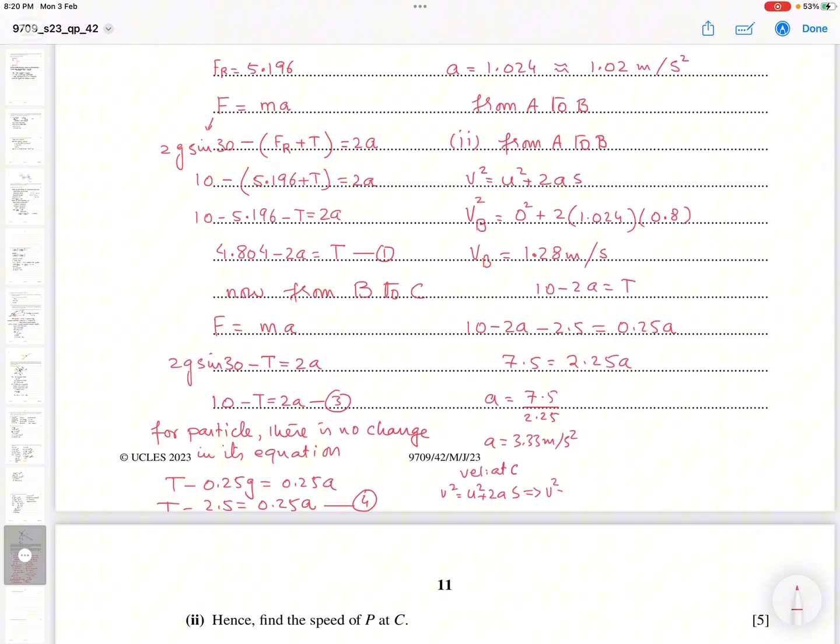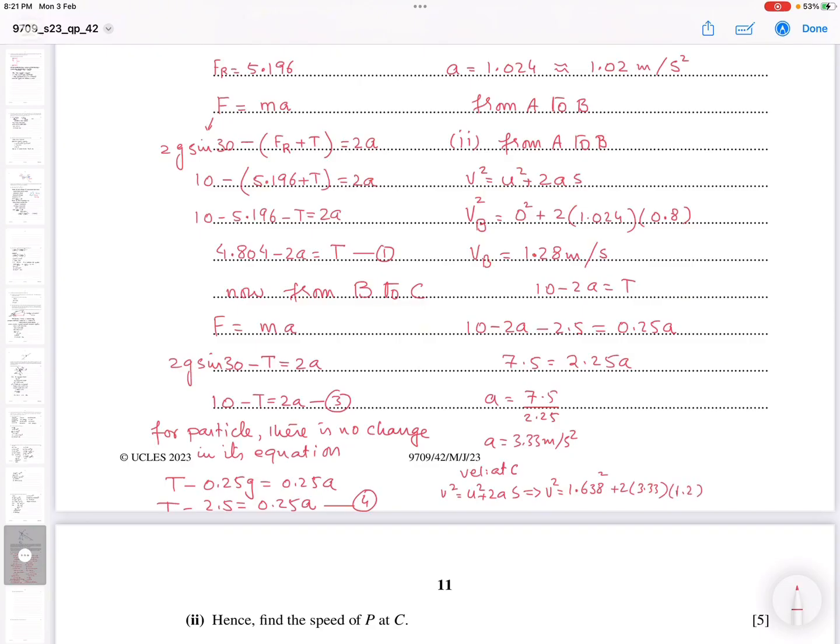So v square is equal to, our initial velocity is now 1.638, square, plus 2 into acceleration 3.33 and distance 1.2.